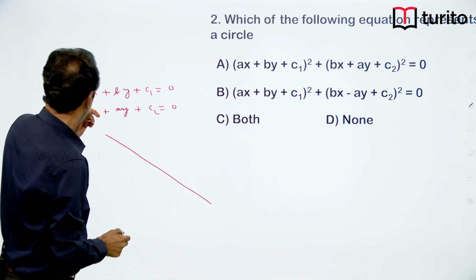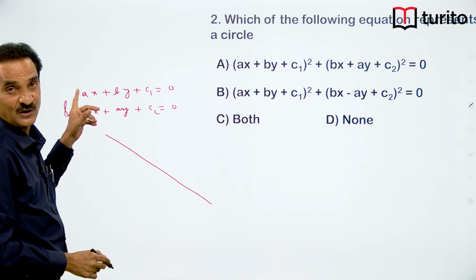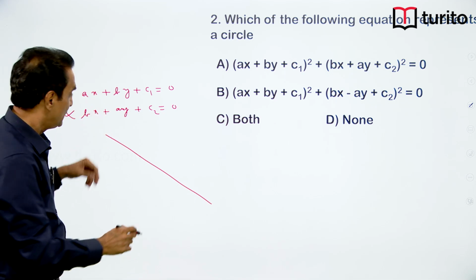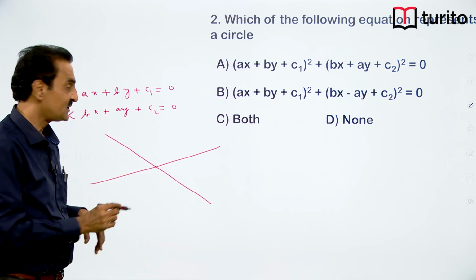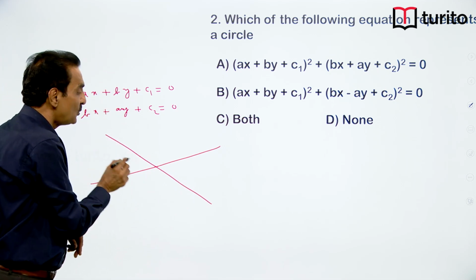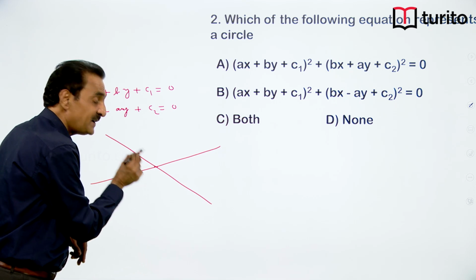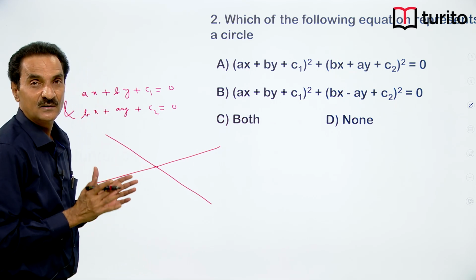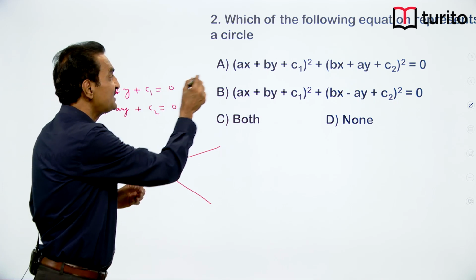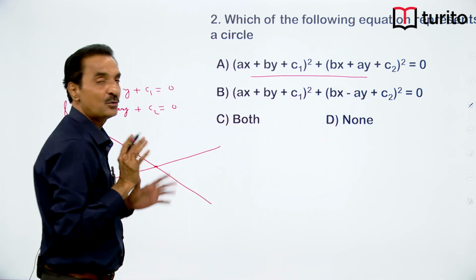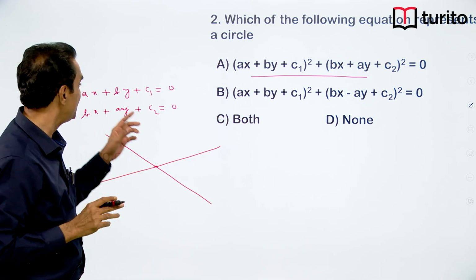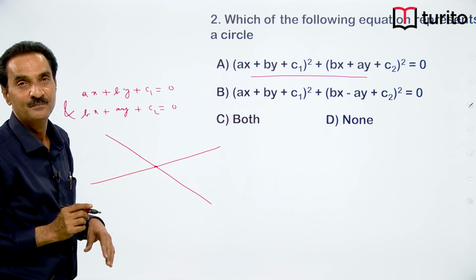So, these two are non-parallel lines, so definitely they will intersect. So, definitely if you draw the two straight lines, if both are true, it is possible only for the point of intersection. So, this first equation represents only one point, which is the intersection point of these two lines.